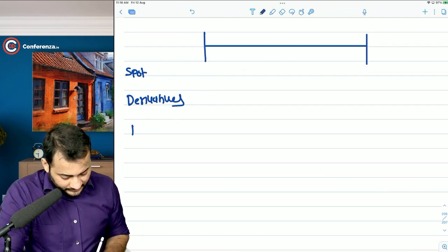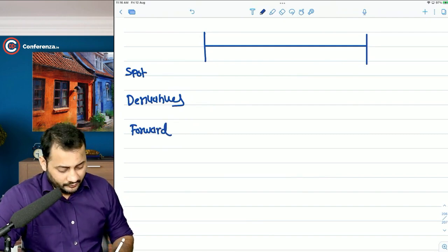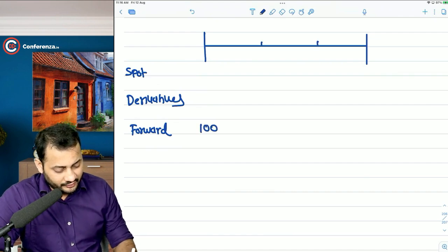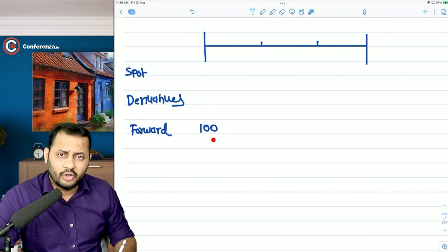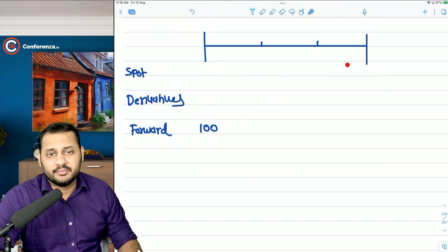Now, the very first type of derivative that you learned in the derivatives market was the forward contract, where you might decide to buy a stock, index, commodity, currency, any type of asset after 3 months. This is the forward price for that asset you want to buy or sell after 3 months.